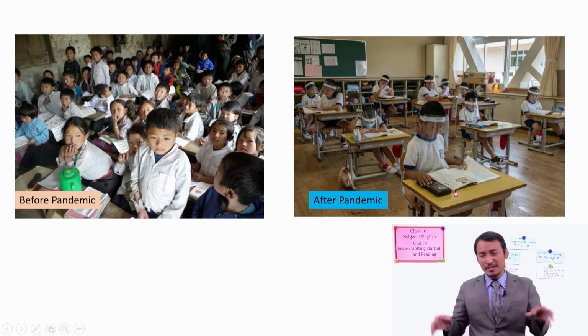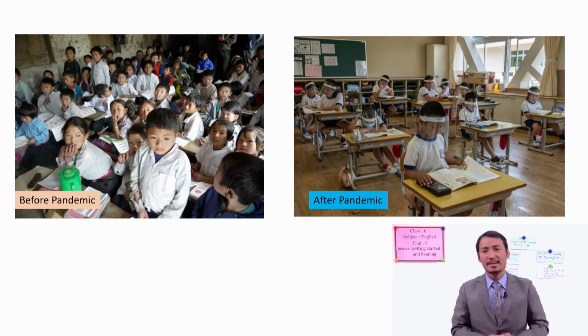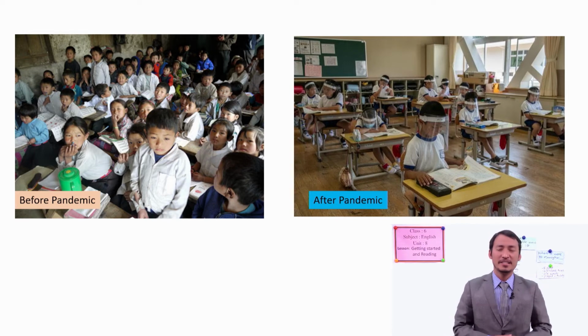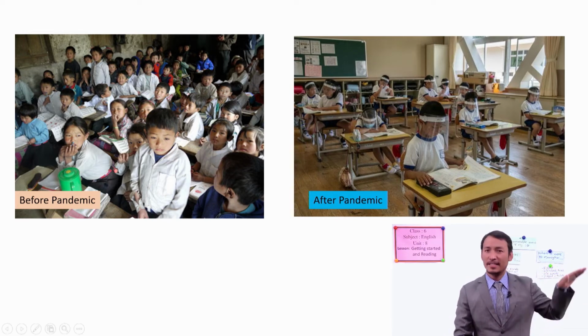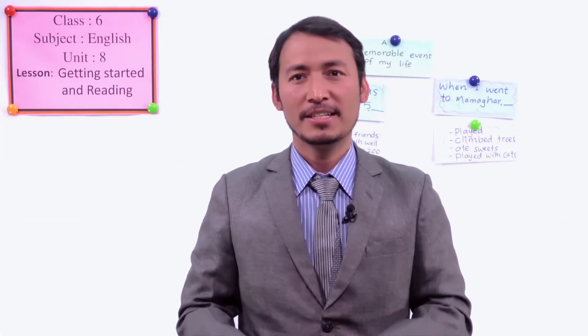All these students are wearing different face masks, and they have separate seating arrangements. So this one is then and this is now. These are the situations of the past and the present. Okay, students, we all have past and present situations.